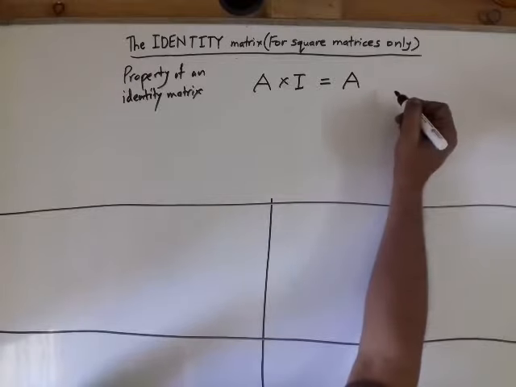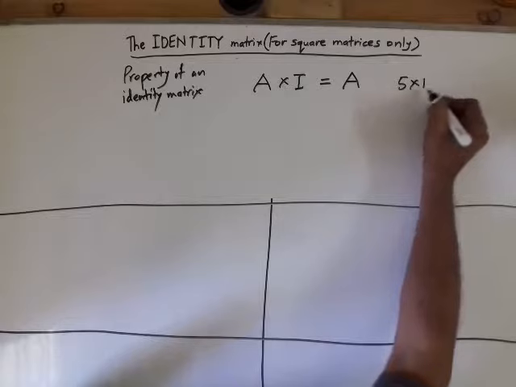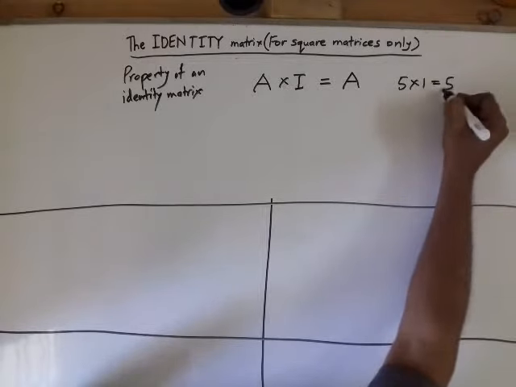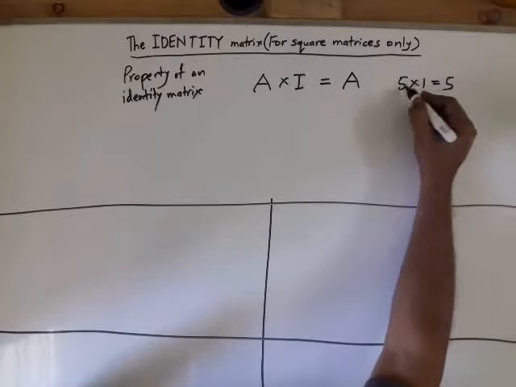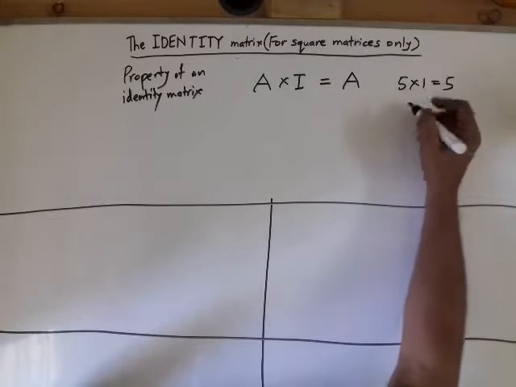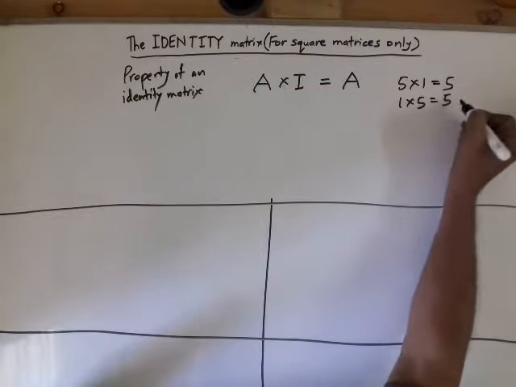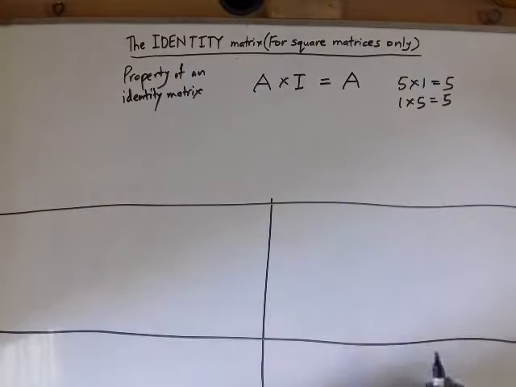So the matrix is unchanged, kind of like with plain numbers. That's the property of 1. You multiply any number by 1, you get the number itself. Now in multiplication, it works the other way around too, because multiplication of numbers is commutative.